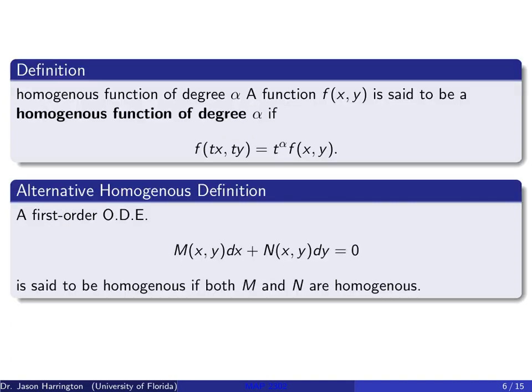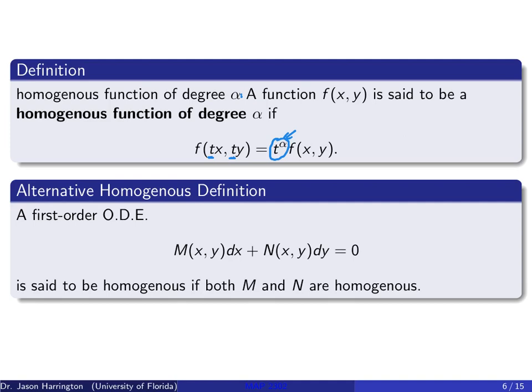Now we say we have a homogeneous function of degree alpha. That's precisely when a function f of x, y is said to be homogeneous of degree alpha if I put in a tx and a ty, then the t can be factored out, giving some power of t. And again, that alpha doesn't have to be just an integer.